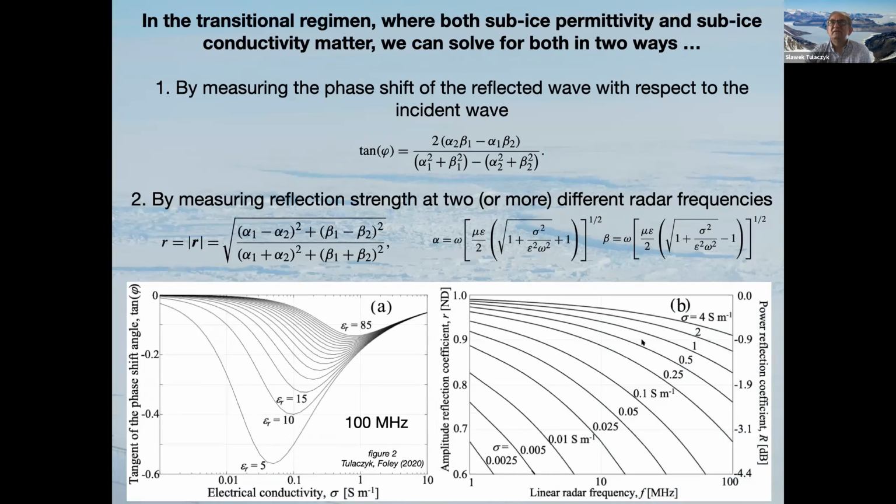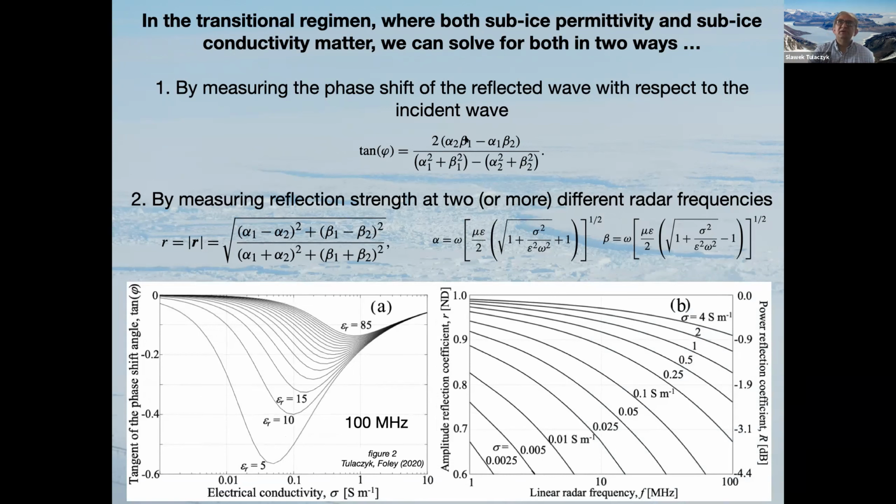All right. I'll point out one more problem and an opportunity with the transitional regime, which is that you have reflection strength and then two things that determine it, which are the sub-ice conductivity and sub-ice permittivity. So potentially it's one equation with two unknowns, and you need to bring in other constraints.